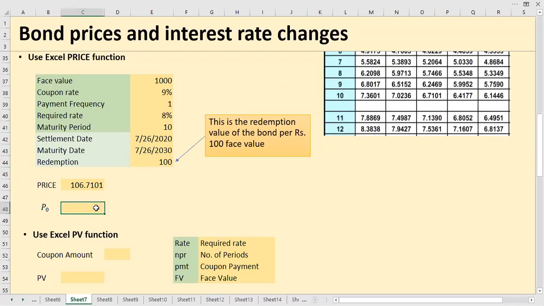So all you have to do is multiply the price value by 10, because for 1000 rupees we have 10 multiples of hundreds. So we multiply this value by 10 so that you get the final value of the bond based on this price function.